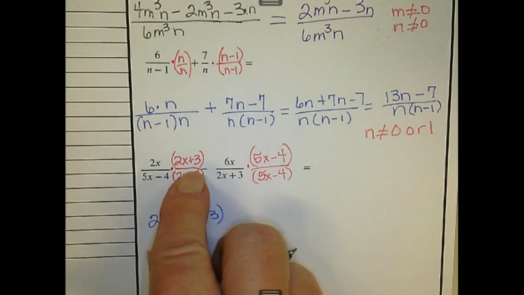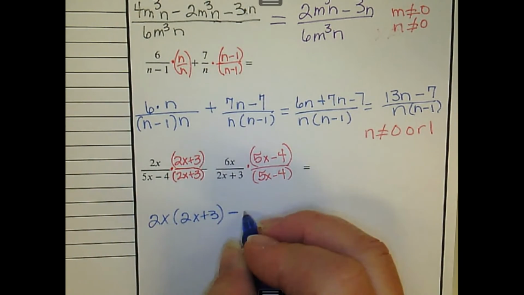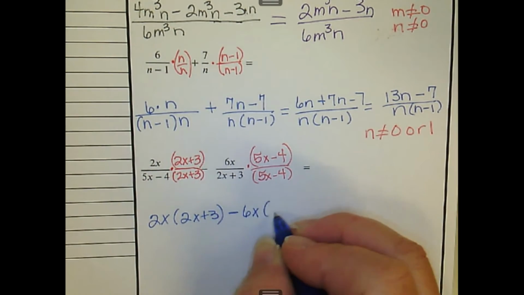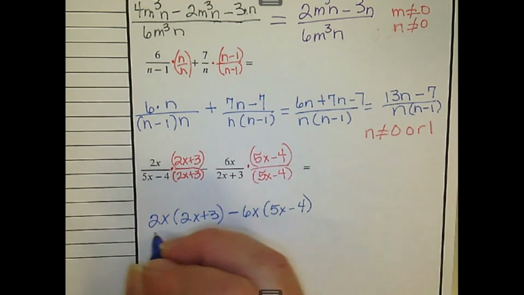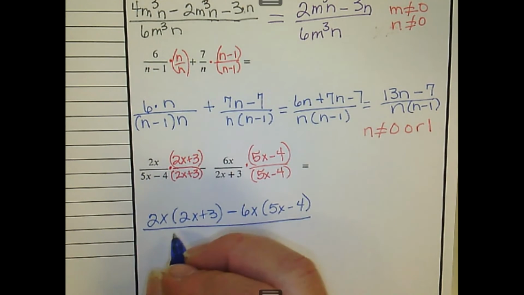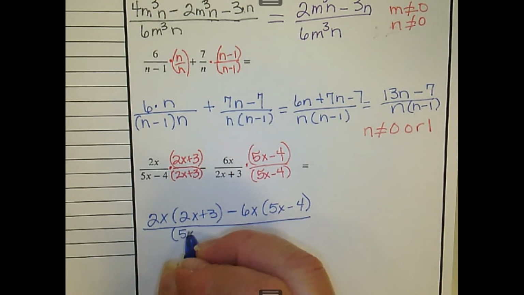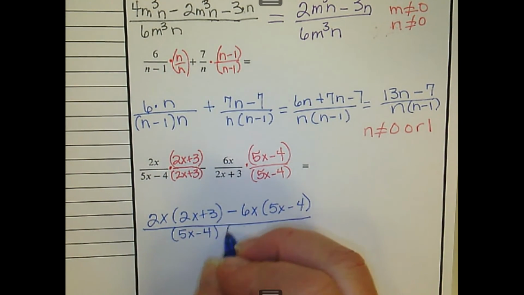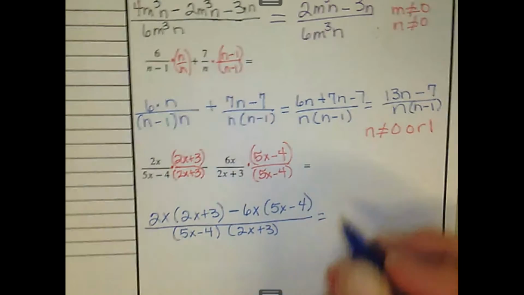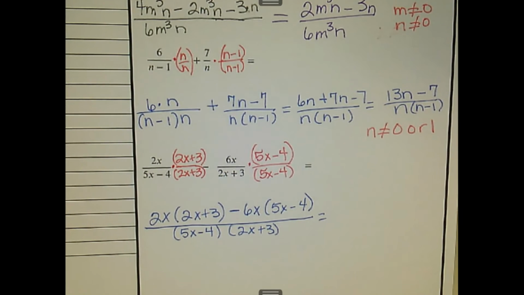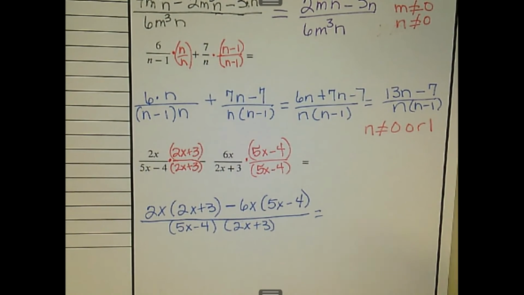Two x times 2x plus 3 minus 6x times 5x minus 4. All of it over 5x minus 4 times 2x plus 3. Is that what you got to start with?